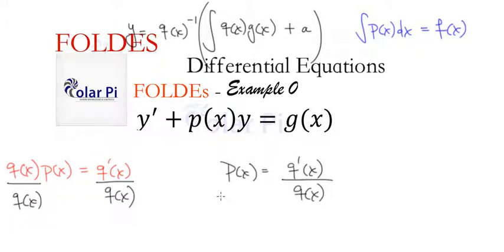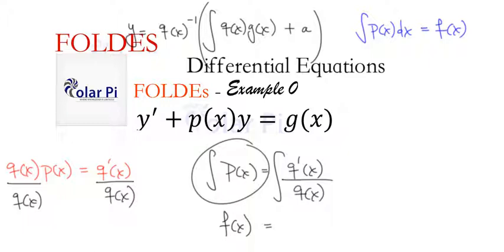Well, if that's the case, then notice that as soon as I integrate both sides of this, first on the left side, I'm going to have to write f of x from what we just said. And on the right side, I'm going to have to write f of x plus c, but keep in mind the constant. Well, f of x is this integral plus a constant, so that's already implicit there.